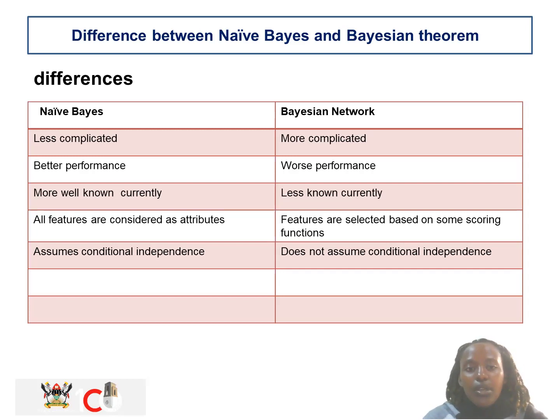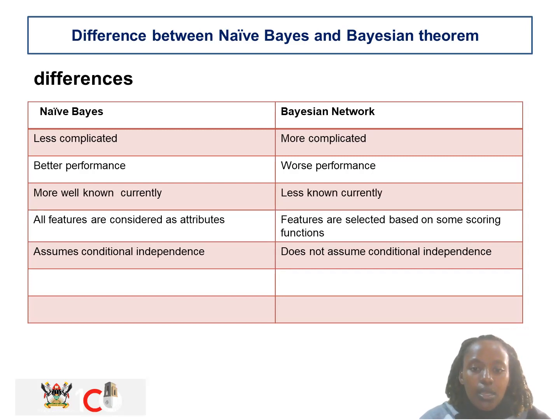It's a well-known algorithm that you can search and investigate. It considers all features as up to date. No feature is left behind because we are treating things as independent, so every feature has to stand. It assures conditional independence.